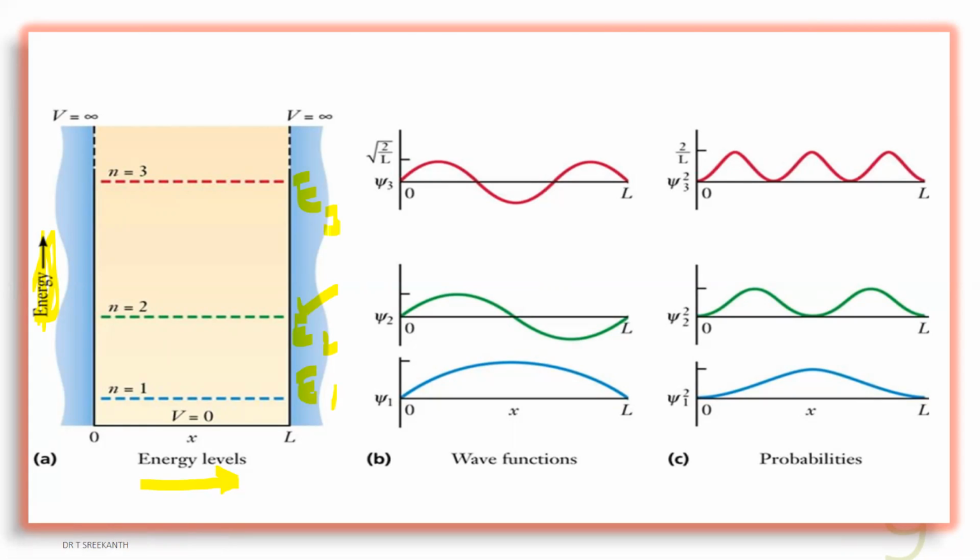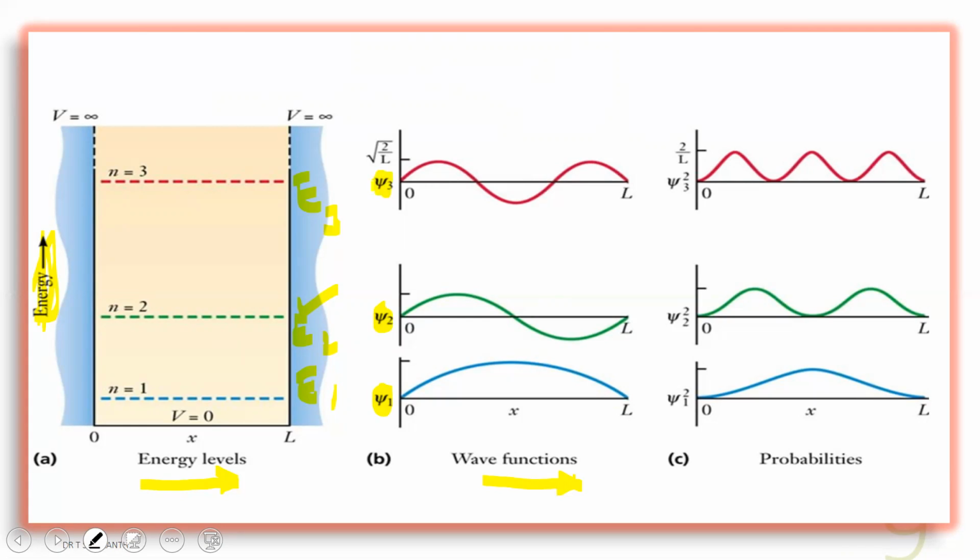Similarly, now we are drawing a graph of psi square versus x, and another one of psi versus x. So diagram B shows psi versus x. In this case, the x-axis is x and the y-axis is psi. So here we are getting some graphs. The first one represents psi 1, the second one psi 2 and psi 3.